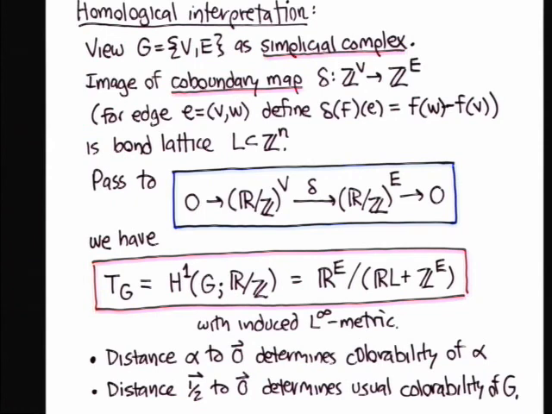That all works here. So in terms of original language, the distance between alpha to 0 determines the colorability of alpha. And the first problem we started with, which is what is the ordinary colorability of a graph, is the distance from the vector 1/2 to the vector 0 in this space.